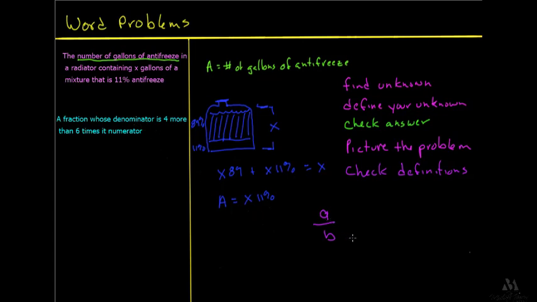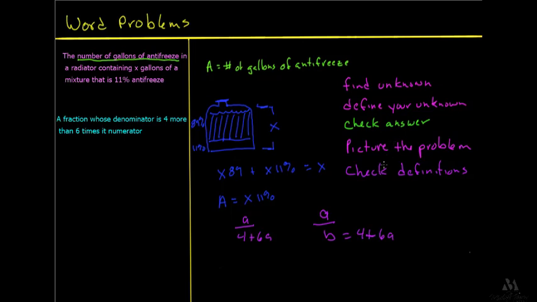So the number on the bottom has to be 4 more. So B has to equal 4 plus 6 times A. And there's our fraction. So it's A over 4 plus 6 times A.